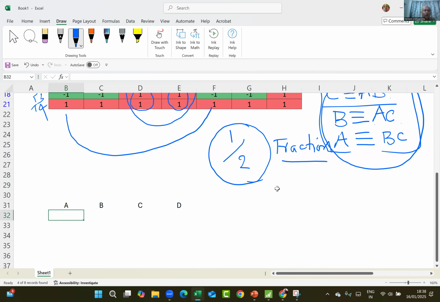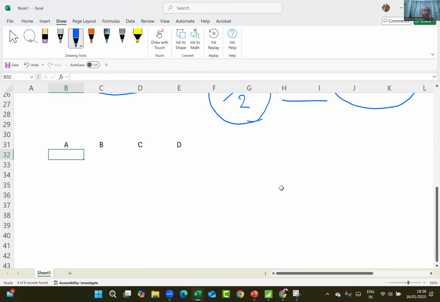So let us do one more exercise of this and see what confounding you get. Since now this is a 2 to the power 4 design, there will be 16 runs. So half of this will be 8, which will be low here.